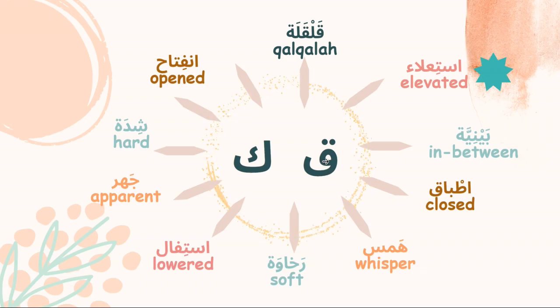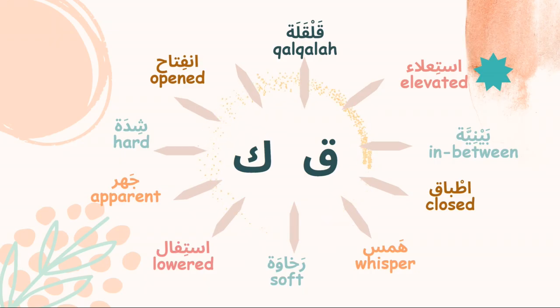So the qaf opens with a qalqala, but the kaf opens with hams. So we say al-haqq, and we say lak. Okay, so it's hams at the end of the kaf and qalqala at the end of the qaf.